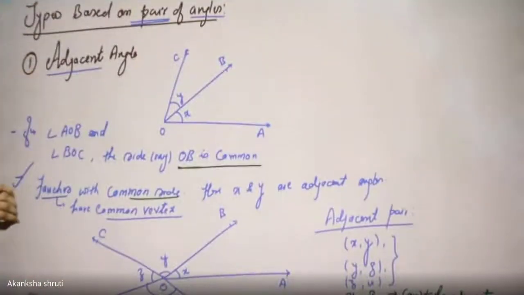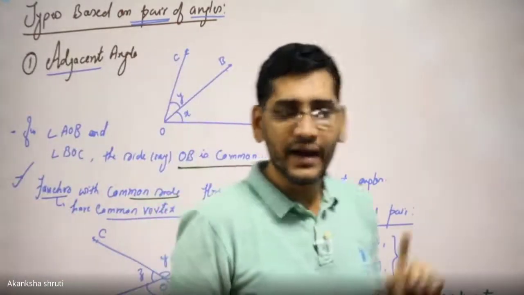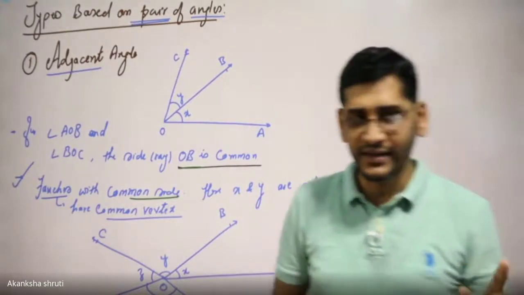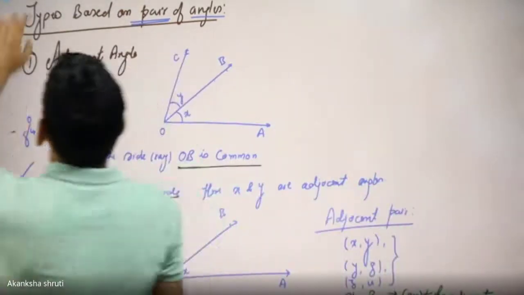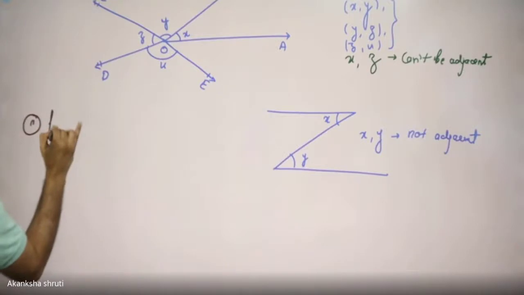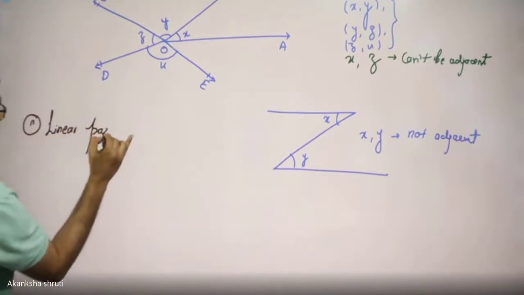This way we have learned about the adjacent angles. Now considering this adjacent angle and the earlier angle like 180 degree or a straight angle, various conditions or various types of angles are defined. Let us see. The second one is called a linear pair.